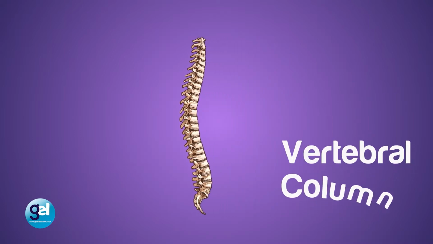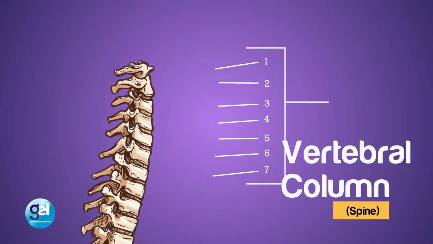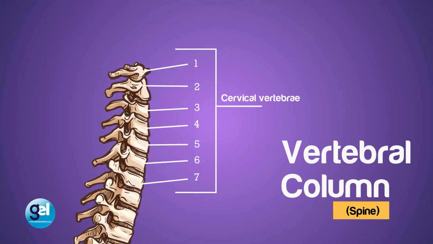If we break down that axial skeleton and look at our vertebral column, our spine, it's also broken down into various segments. Starting from the top and working our way down, we have 33 individual bones altogether. The top part is your cervical vertebrae. There are 7 of those, numbered C1, C2, all the way to C7.